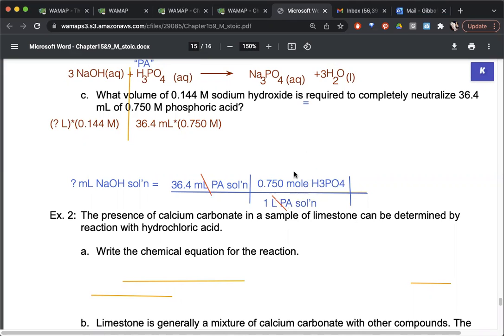We've got moles. So now what do we need to do? We need to get rid of moles of that phosphoric acid and change the label. Let's use that mole-mole relationship from the chemical equation to get to NaOH.